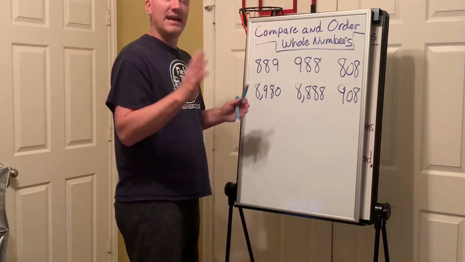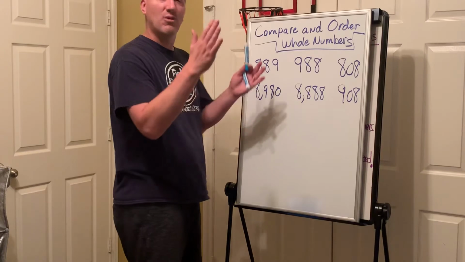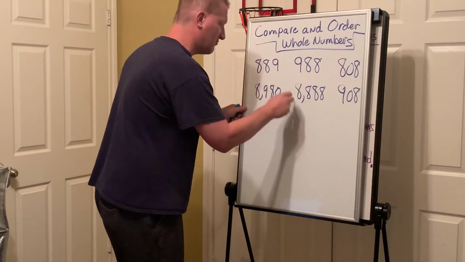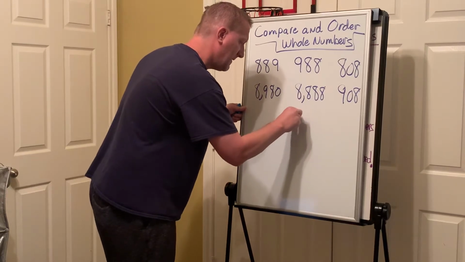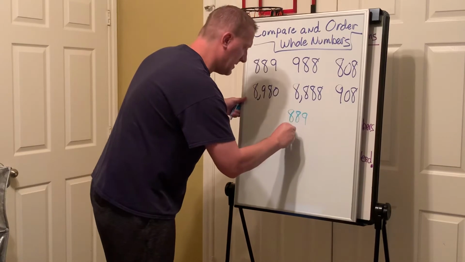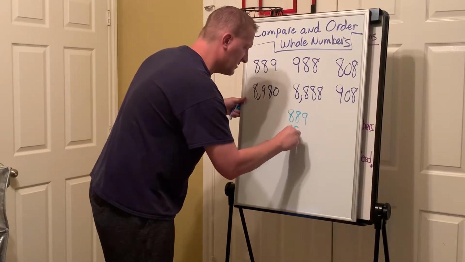So here's what you do. Just write them down and make sure you line up the place values. So let's rewrite them. I'm going to rewrite these numbers and I'm going to line up their place values.